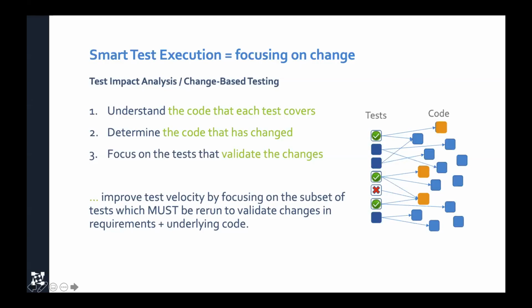This takes out all of the guesswork of trying to figure out which tests I need to run to validate my local changes. We can also start to look at optimizing your CI pipeline as well, so you're keeping that rapid intra-daily update by executing the subset of tests.